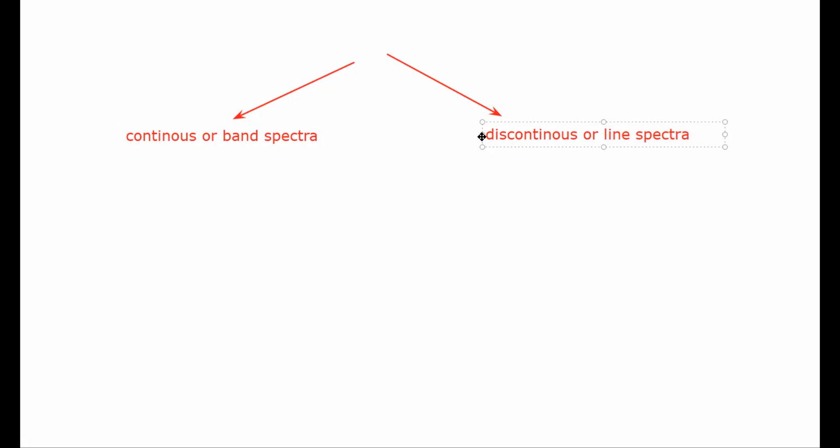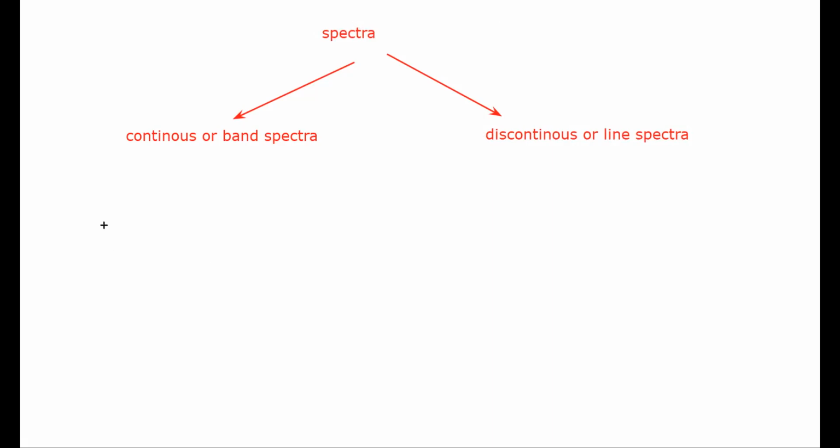What is the difference between these spectra? What is the meaning of a continuous spectrum?